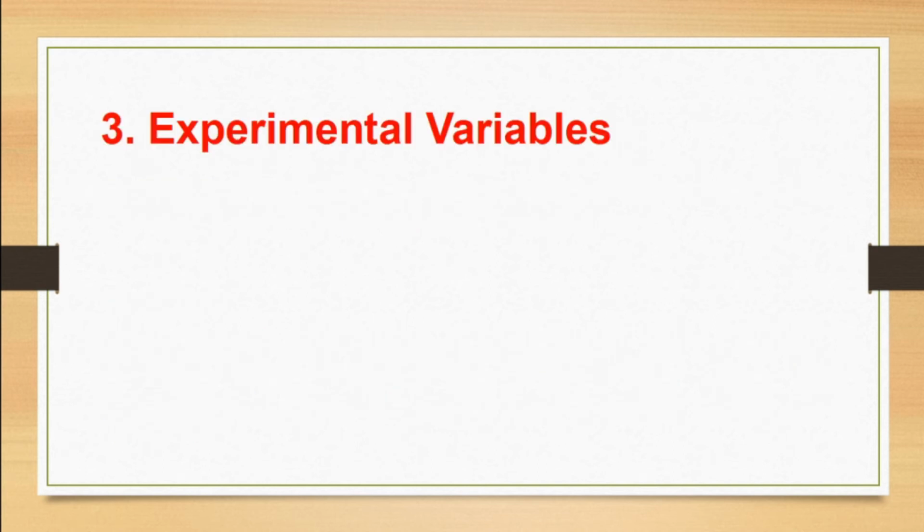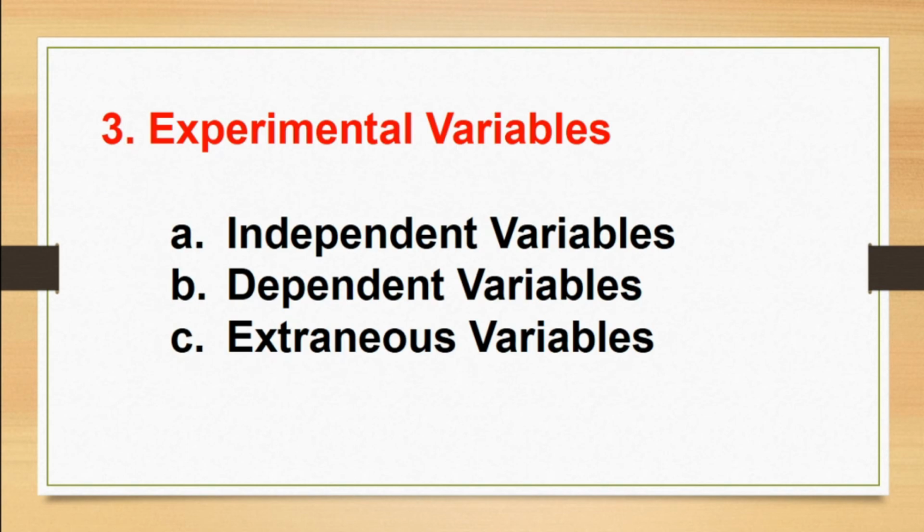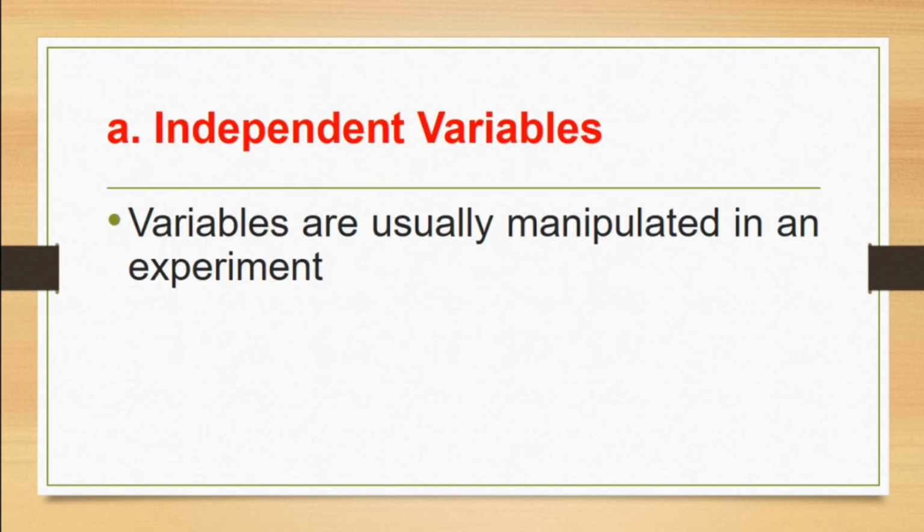And ang third is the experimental variables. In experimental variables, meron tayong tatlo: the independent variable, the dependent variable, and the extraneous variable. First, independent variables. Independent variables are usually manipulated in an experiment.